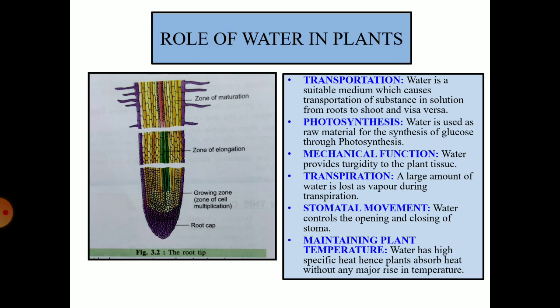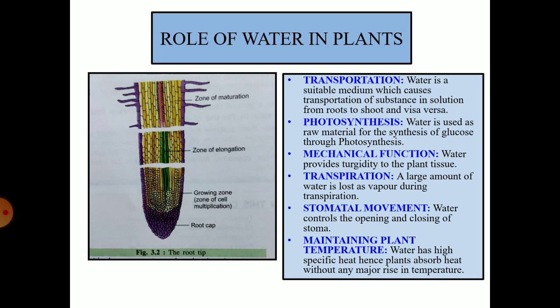Mechanical function. We all know that plants do not have a skeletal system. Hence, water provides turgidity to the plant tissues. Transpiration. A large amount of water is lost as vapors during transpiration, but this helps in creating a suctional pull by which water reaches to the top of the plant, even if it is some 50 to 60 feet tall.